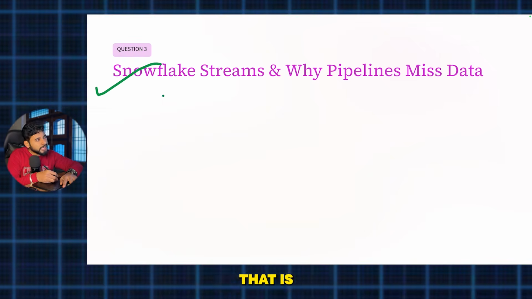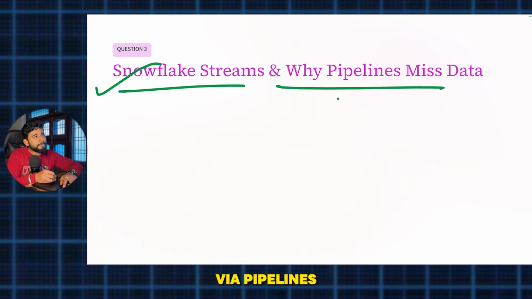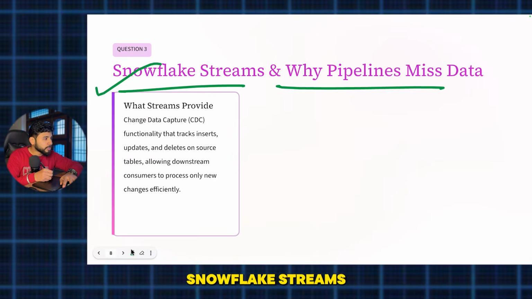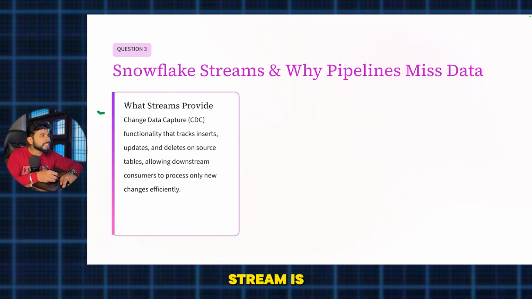Next question is basically Snowflake streams, why pipelines miss data. Whenever we talk about Snowflake streams, the first thing is that it gives you CDC functionality, change data capture.